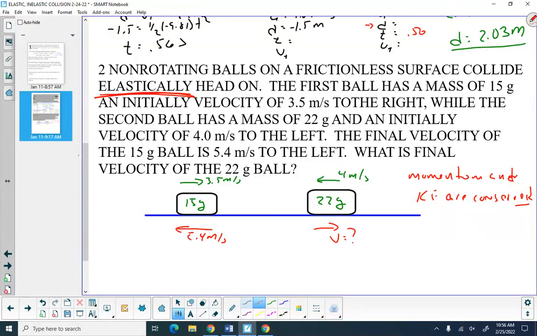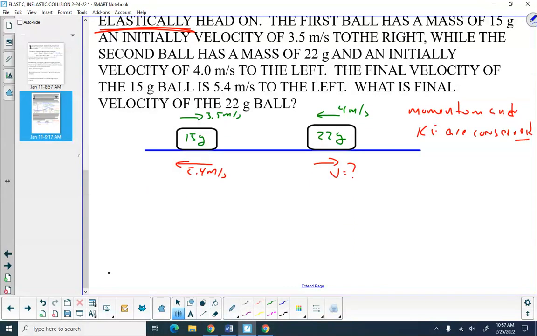Since we're on a frictionless surface, we don't lose any energy into non-mechanical energies. But I like to use the momentum idea because it's a little bit easier to work with.